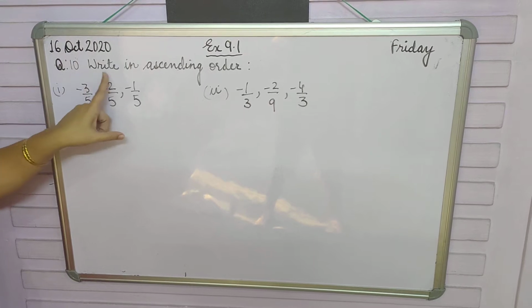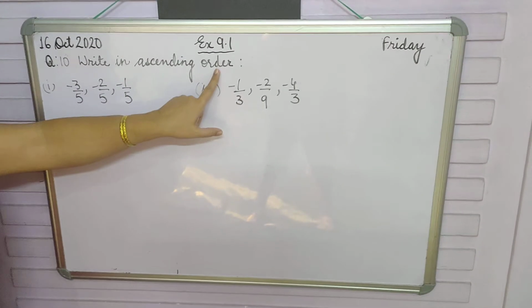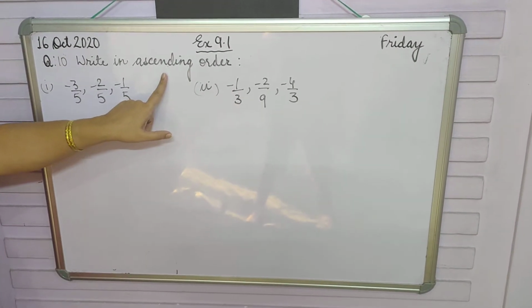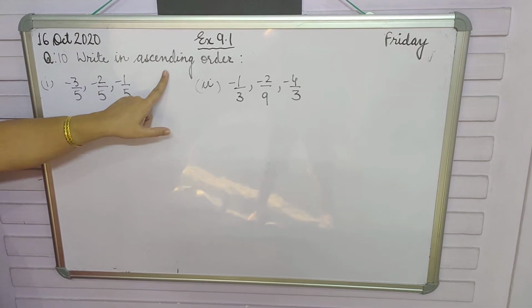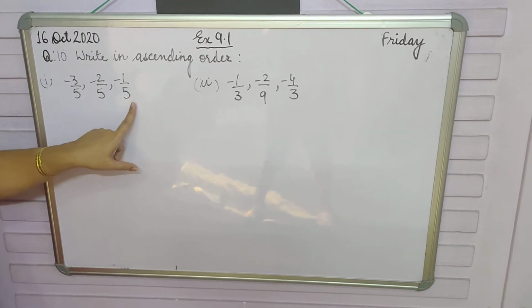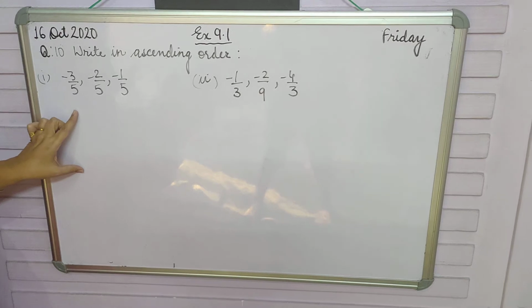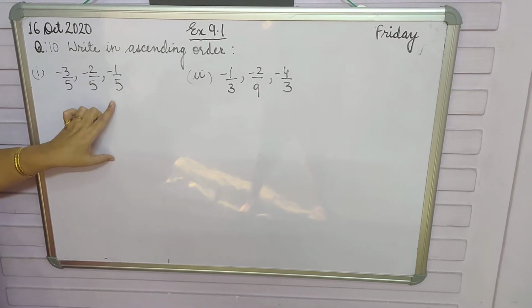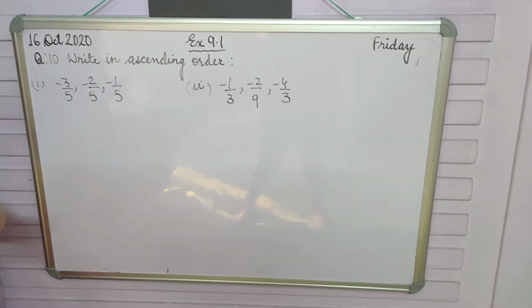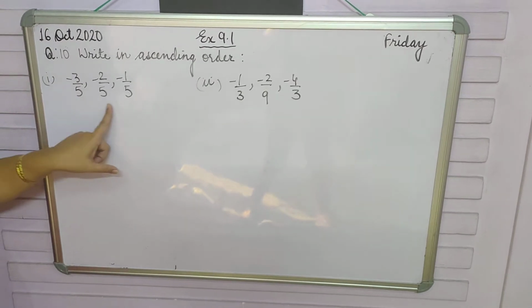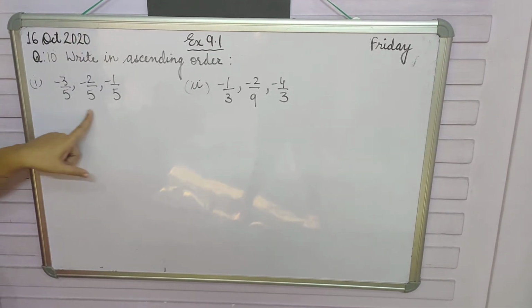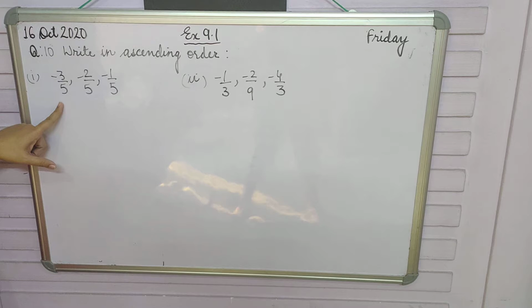Question number 10. Write in ascending order. Now ascending order means from smaller to bigger. Means out of the 3 rational numbers, first we have to write down the smallest one, then bigger than that, and then the biggest one. Now here already we are given such rational numbers whose denominator is same.